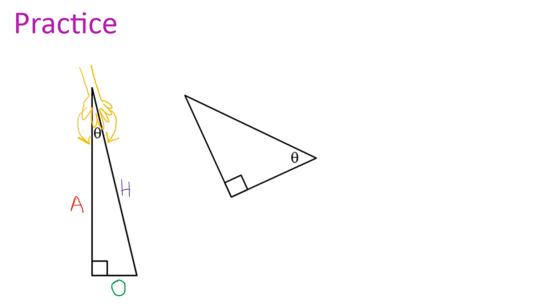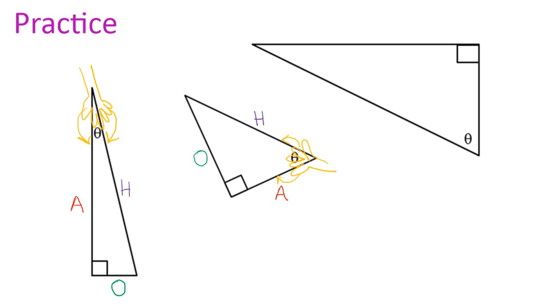Next triangle here, first thing I'll do, put in the hypotenuse, which is here, then put my hand on the angle. So I know that this means I can touch these two sides, but I can't touch the opposite, which is over here, which leaves the last side, the adjacent. Alright, do another one.